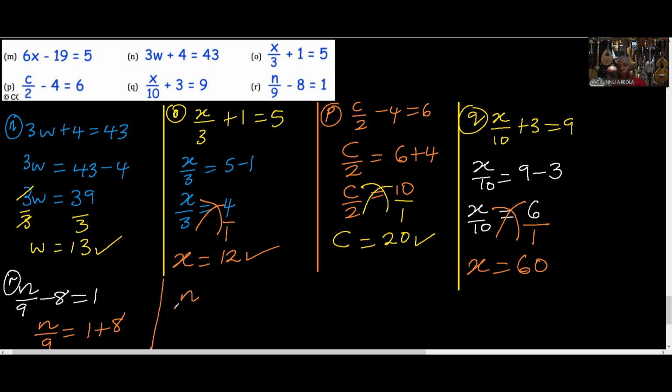Then we can say n over 9 is equal to 9. So what number will you divide by 9 to give you 9? That should be 81, right? So 1 times n is n. Then 9 times 9 is 81. Is this clear to you?